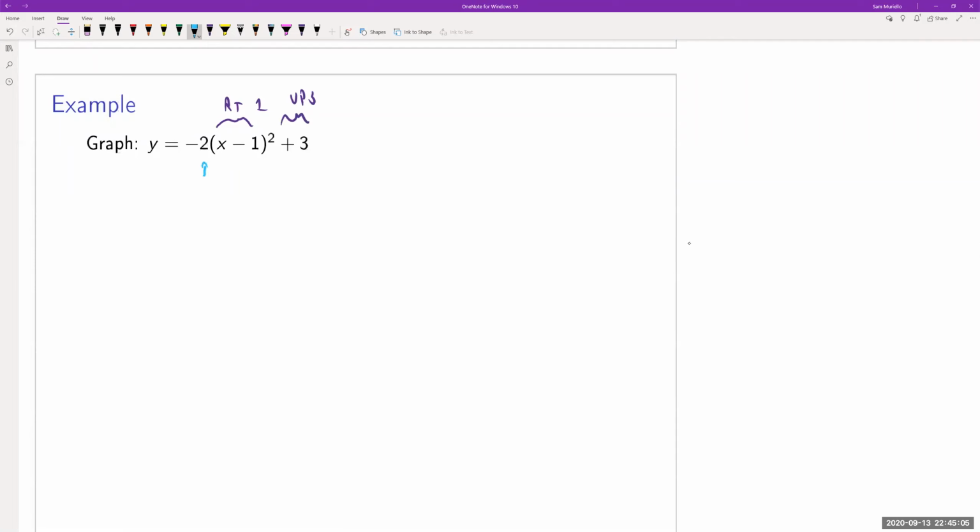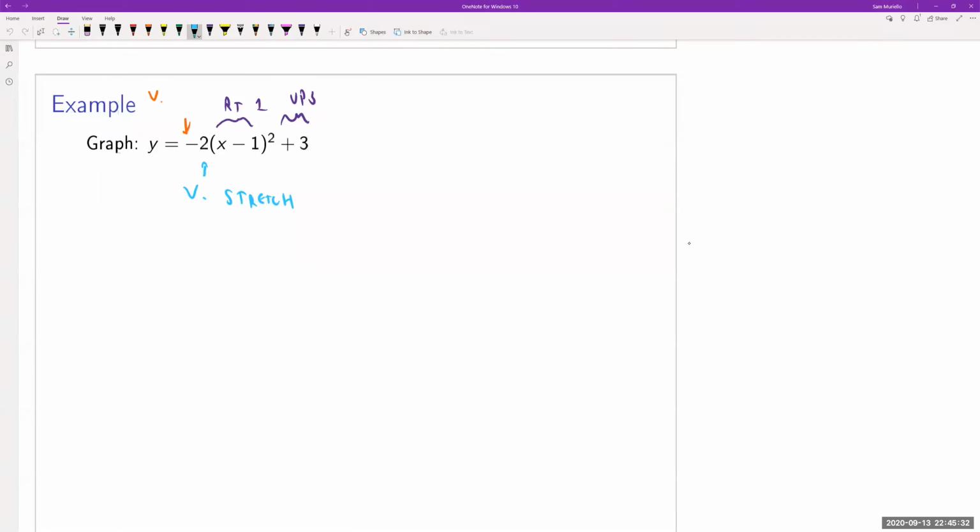This 2 represents a horizontal shrink, and the negative sign represents a vertical, this 2 is a vertical stretch, not a horizontal shrink. It's a vertical stretch because it is multiplied by the entire parentheses.